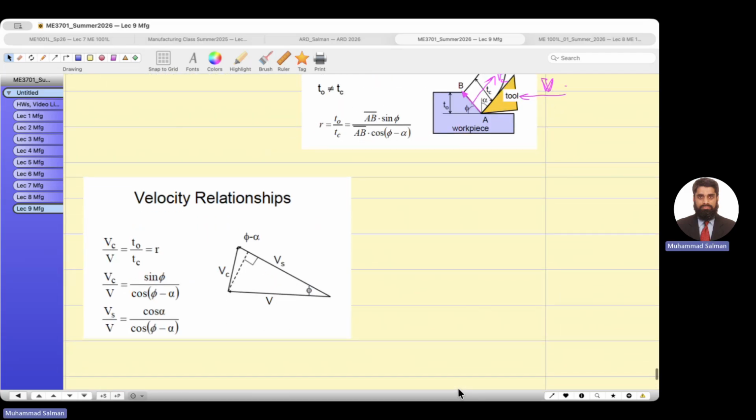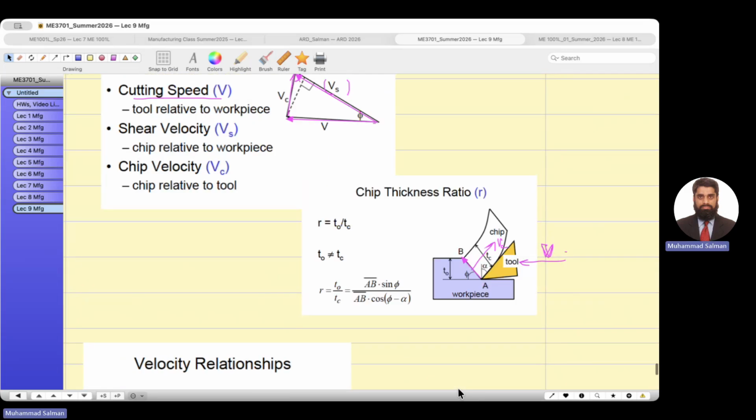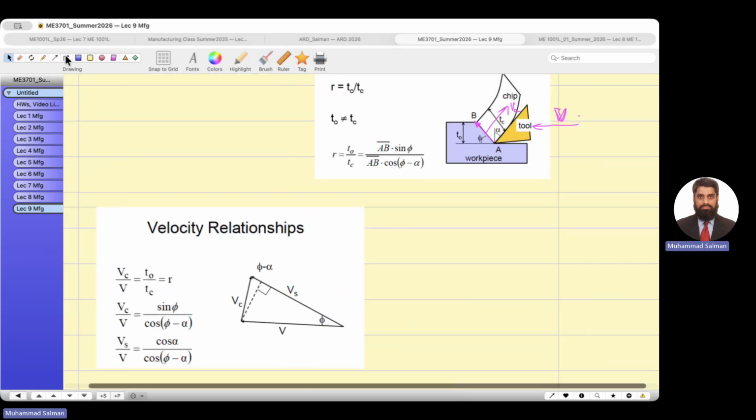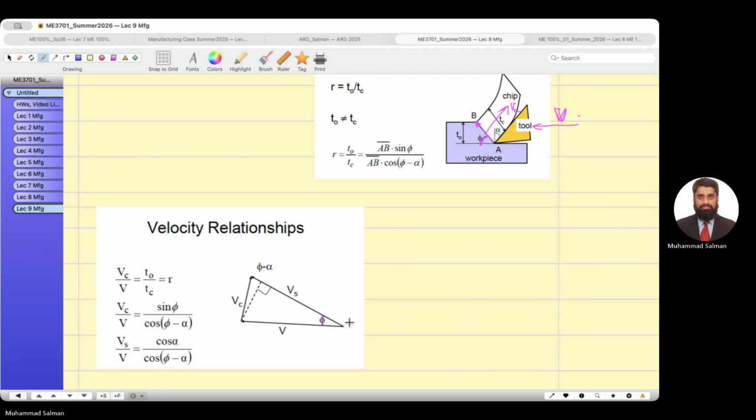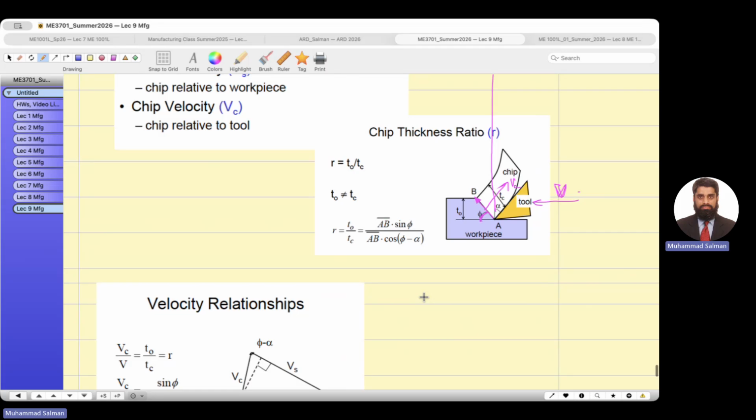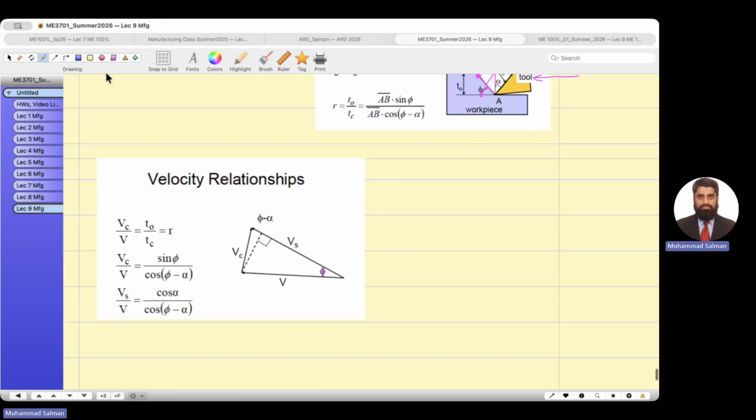If I show you, this angle is phi. Agreed? This angle over here is phi. And this is the straight line, a vertical axis, and this is a vertical axis. So if I draw a vertical axis here, let me redraw it here. This is my rake angle, because the chip is moving on the face of the cutting tool, which is the rake angle.